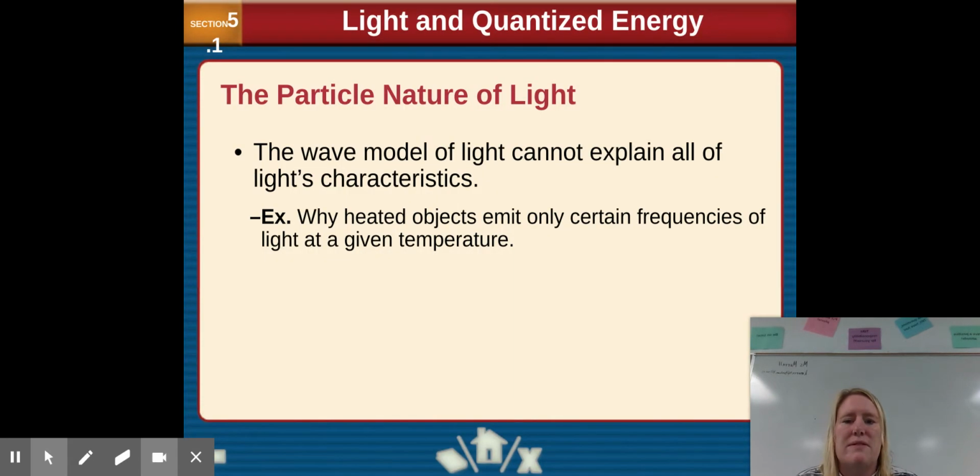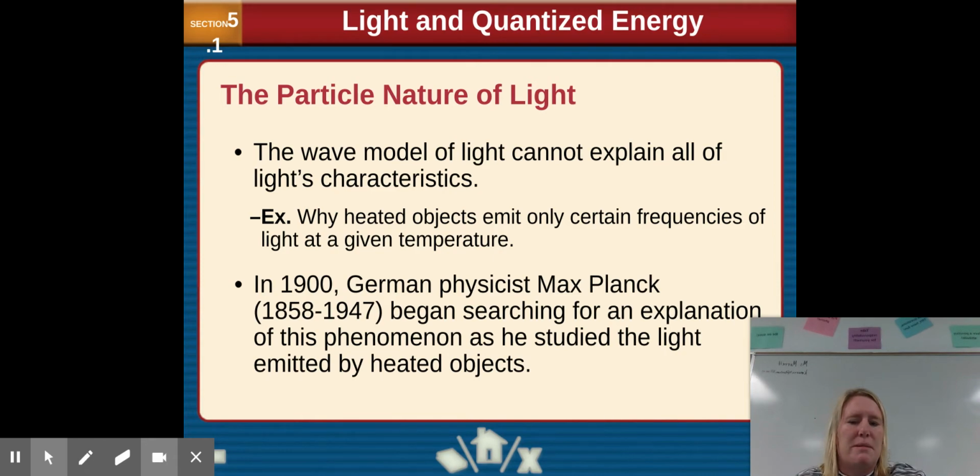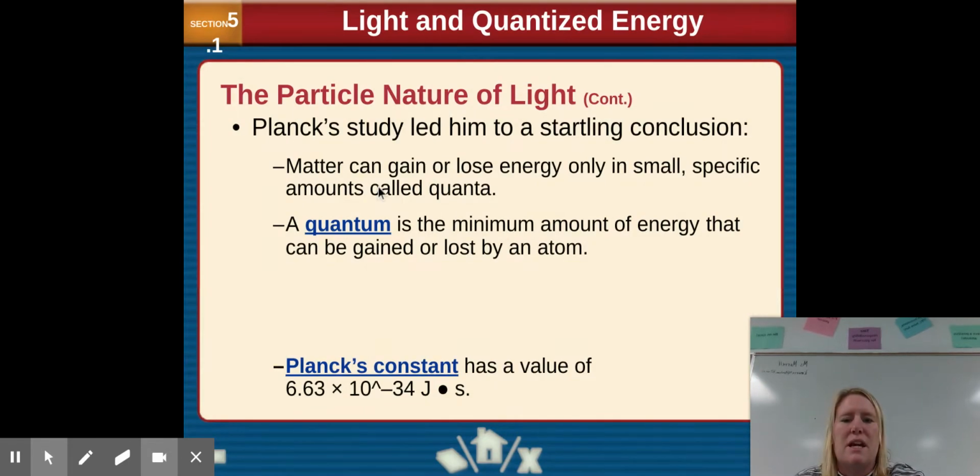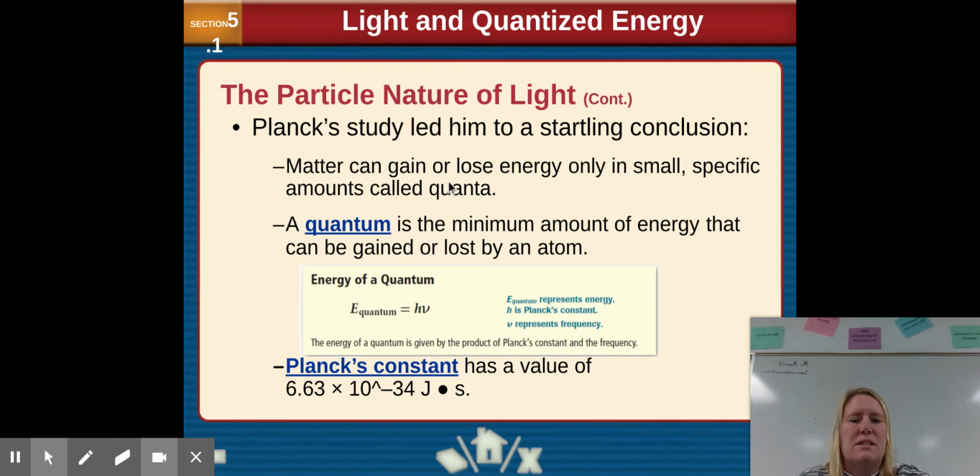All right, so the wave model of light cannot explain all of light's characteristics, like why heated objects emit only certain frequencies. There was a man named Max Planck, and he began searching for these explanations. Planck's constant is a term we will hear a lot about, and he came up with a formula to help us figure this out.